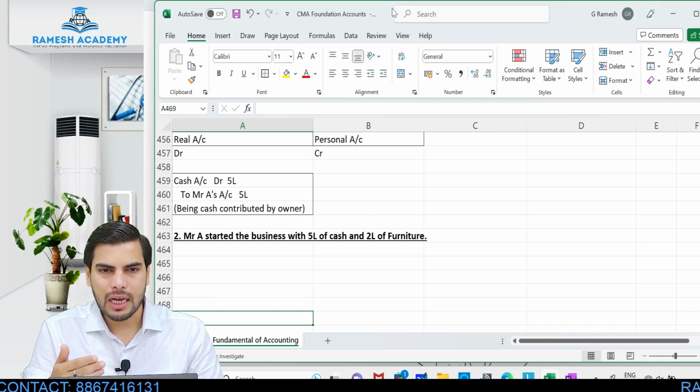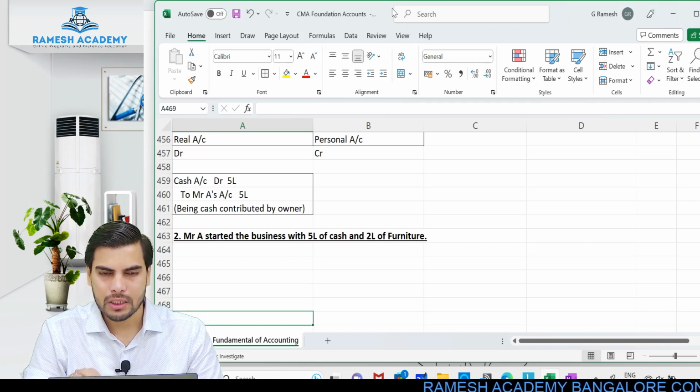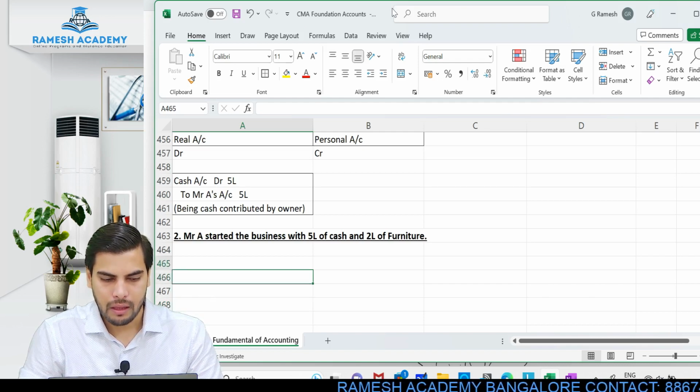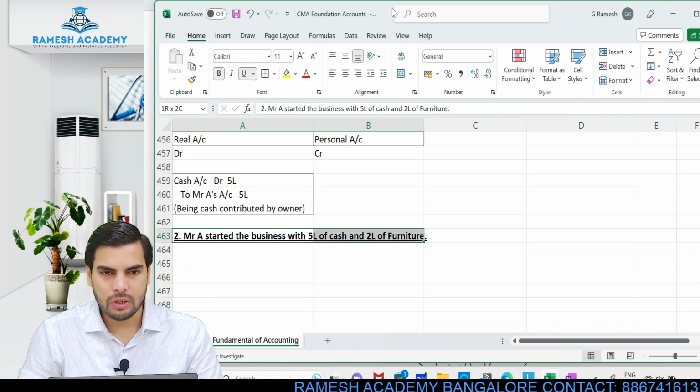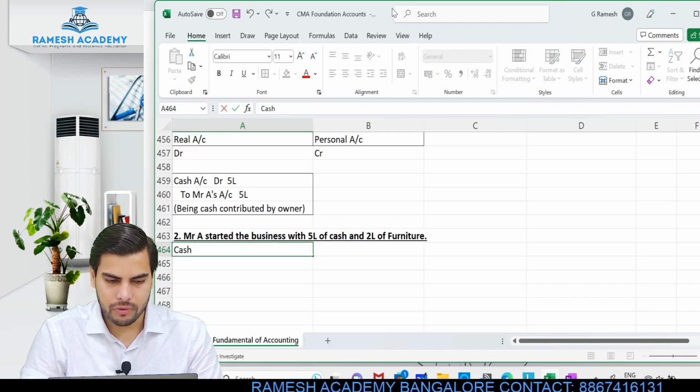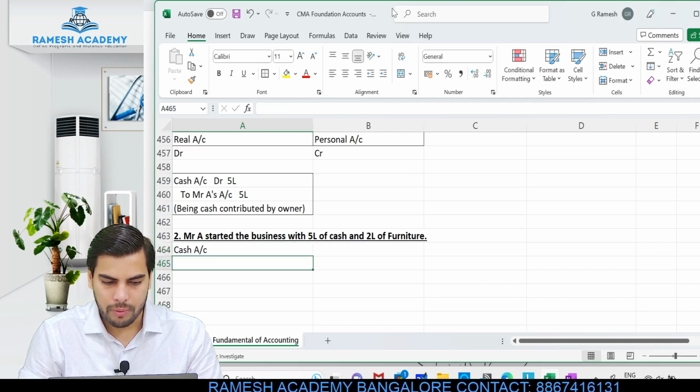So let us understand what exactly would be the journal entry for this. Before arriving at the journal entry, what would be the first step? The first step is to understand the transaction and check which ledger accounts will get affected. As usual, he is bringing in cash of 5 lakh rupees, so one account affected is the cash account.